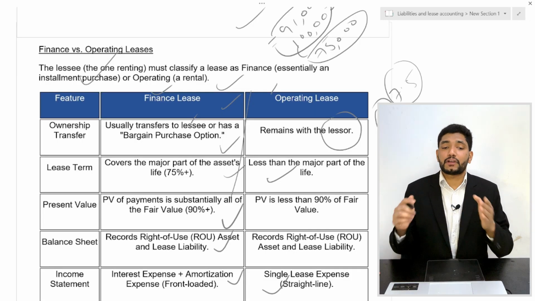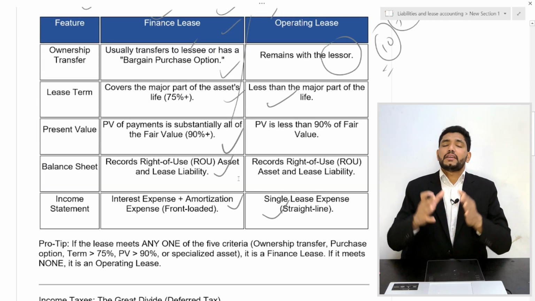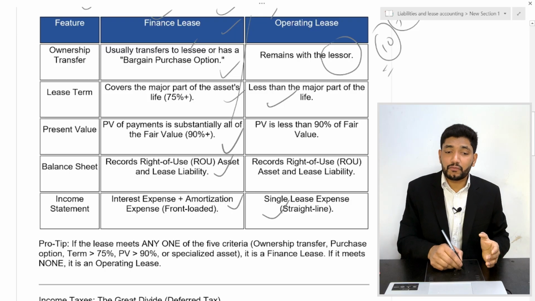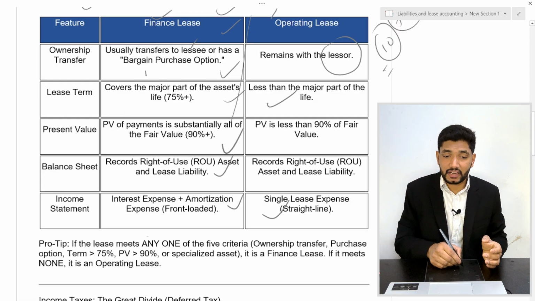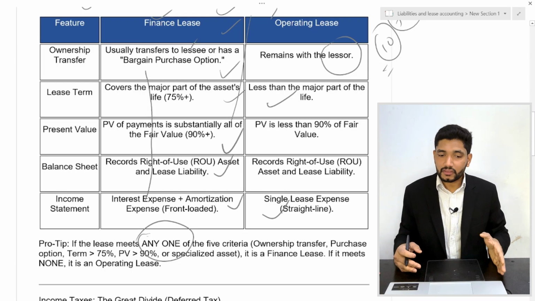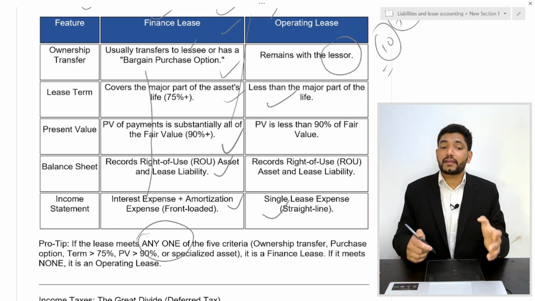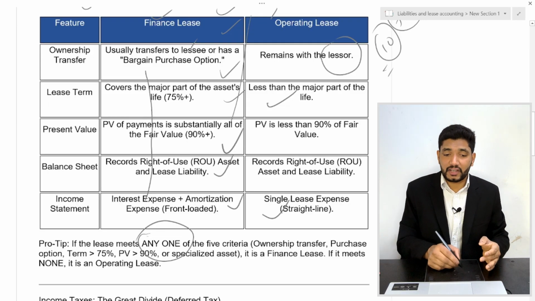So, these are the key differences between the finance lease and operating lease. The important thing here is, if your lease meets any of these finance lease criteria, it has to be classified as a finance lease. To classify a lease as a finance lease, you have to meet at least one of these criteria.